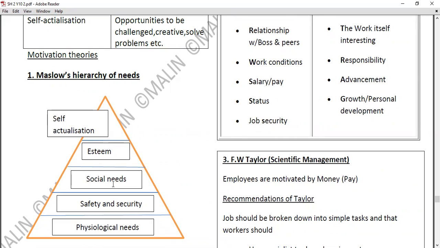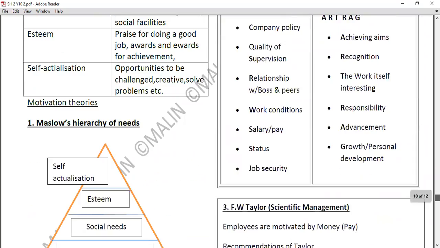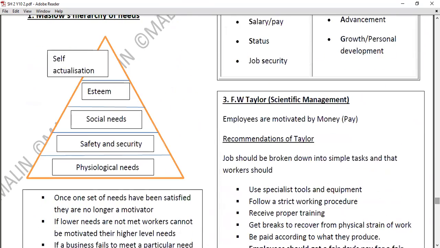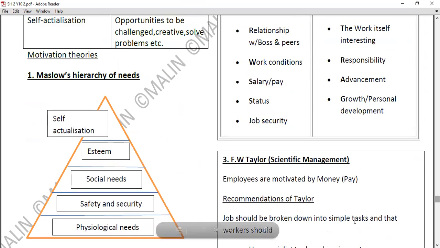Therefore, you should identify the different need levels and the stage people are standing at. According to that, you have to give them adequate pay. So that's Friedrich Herzberg's two-factor theory and Abraham Maslow's hierarchy of needs theory.